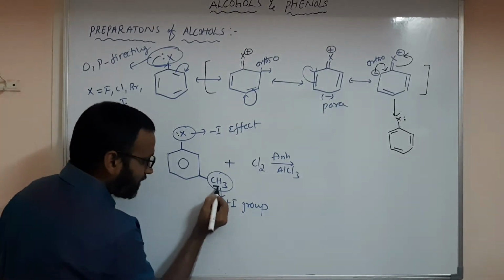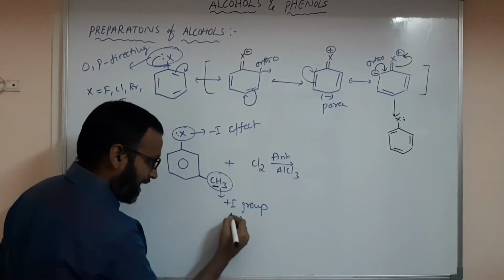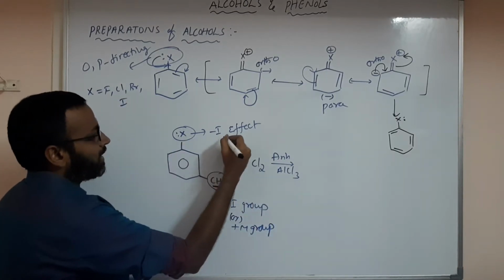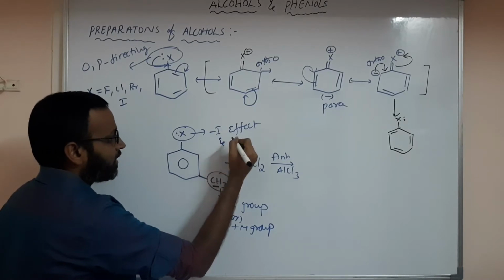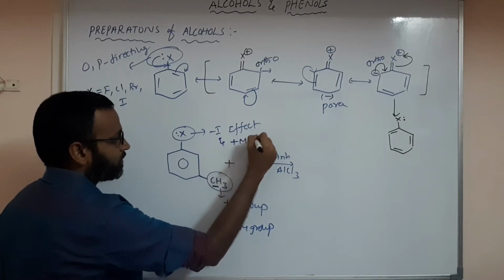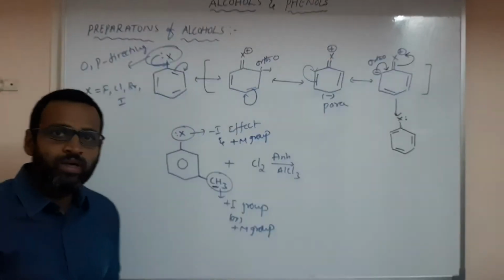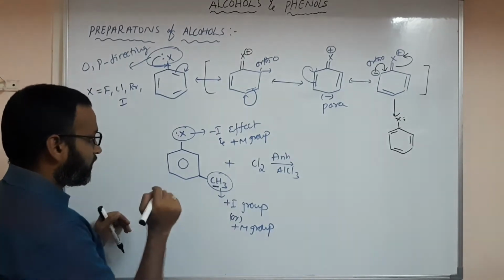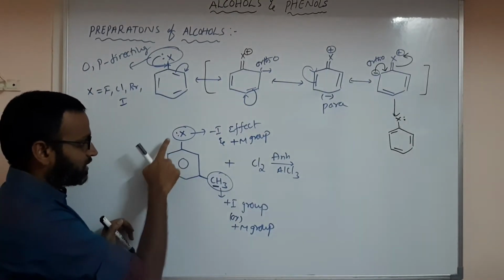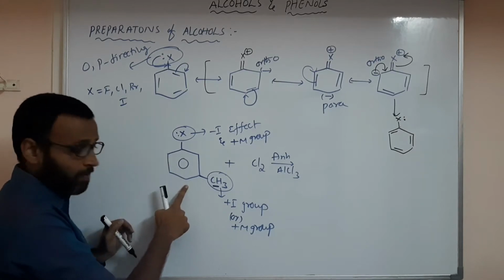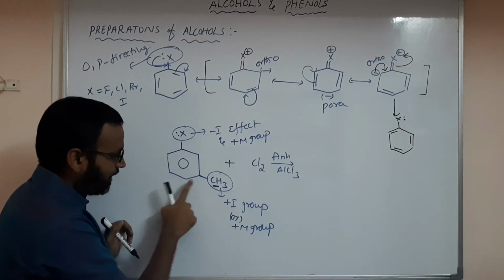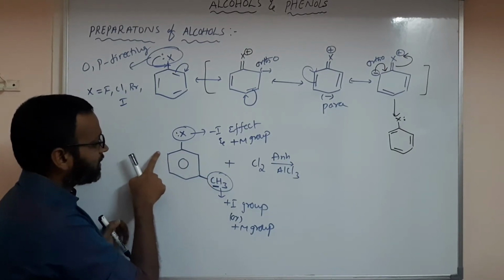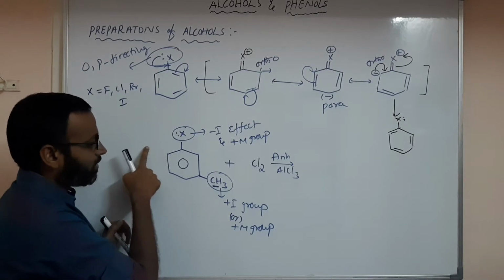Actually this methyl is a plus I group as well as a plus M group, but this X group is a minus I group and a plus M group. So which is more effective towards electrophilic substitution? This will influence more. For this X, these are ortho and this is para. With respect to methyl, these are ortho and this is para.